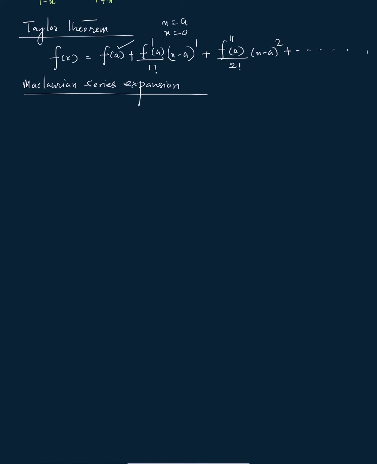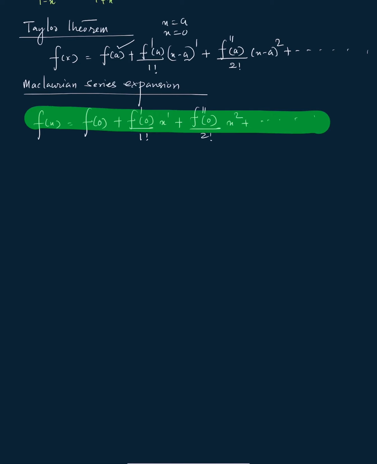So f of x will be equal to f of 0, plus f prime of 0 by 1 factorial into x minus 0, and x minus 0 is equal to x, so x power raised to 1. Plus f double prime at x equal to 0 by 2 factorial into x square plus dot dot dot. It keeps on going like this. Now this is the formula we need to remember.